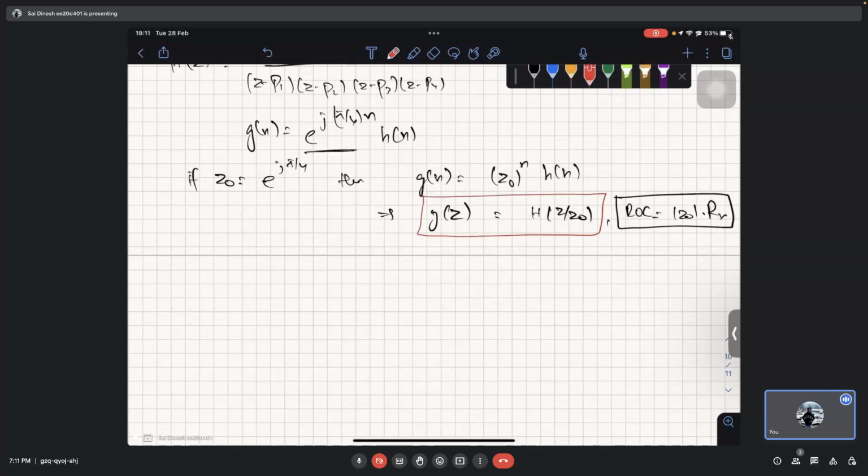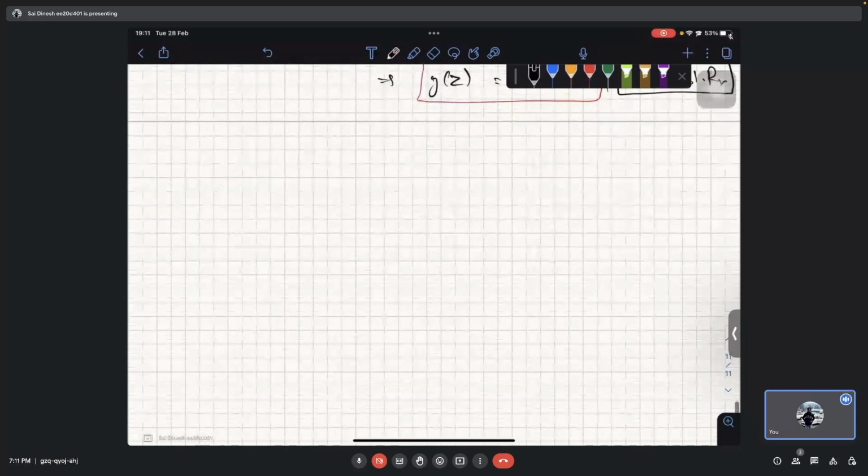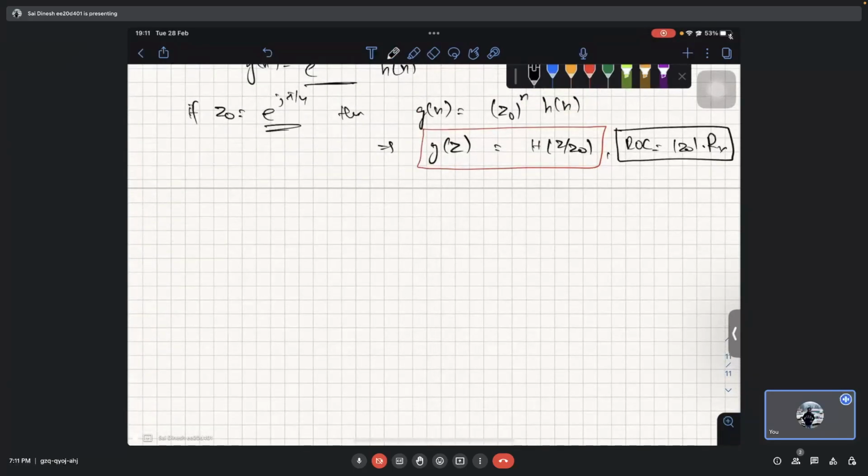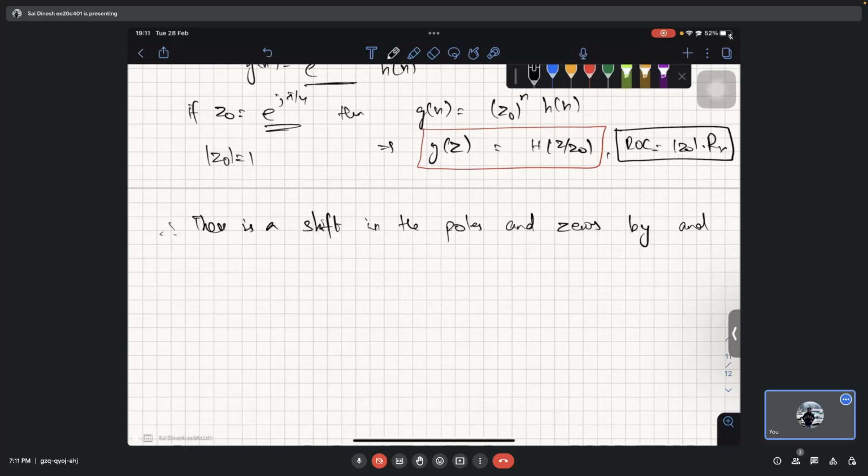So once you know this property, therefore the poles are, but then here the magnitude equal to, therefore there is a shift in the poles and zeros by an angle of pi by 4 basically.